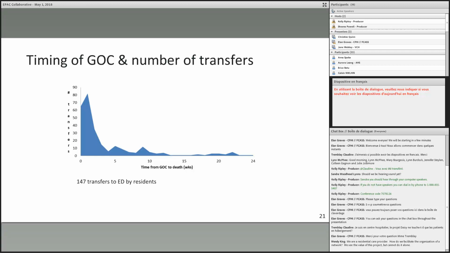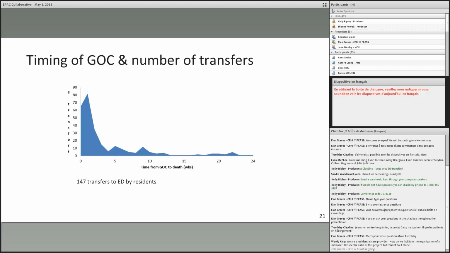We also look at the timing of the goals of care and compare that to the number of transfers or where somebody died. If you look at the graph in front of you, there were 147 transfers to ED by residents. These were transfers that did not result in an admission.